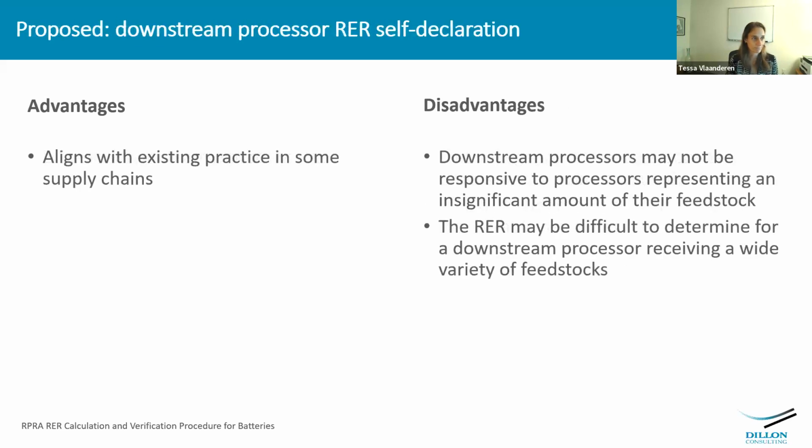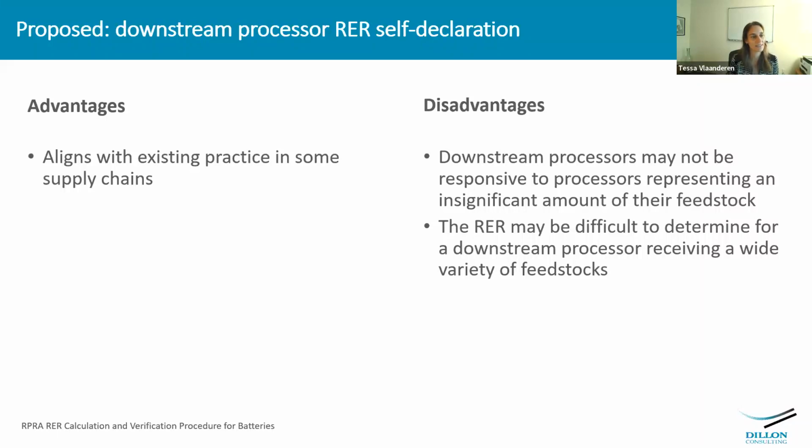Next one. The RER self-declaration advantage is that it aligns with existing practice in some supply chains. But the disadvantage is that downstream processors may not be responsive to the request from a processor to declare their RER.